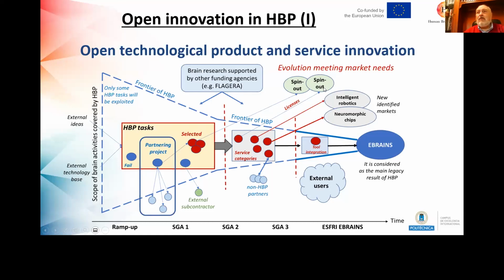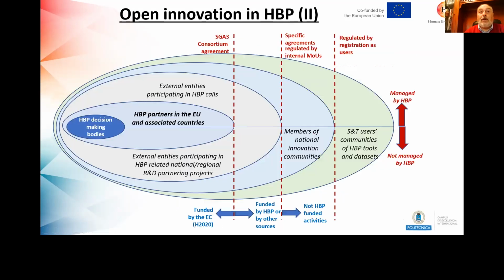There are, if I remember well, seven or eight new companies in the process. We also have new markets, not exactly for EBRAINS, but imagine intelligent robotics that could be a different market, or neuromorphic chips for other types of applications that could be of interest. And here we have, again, the use of open innovation in the context of HBP.